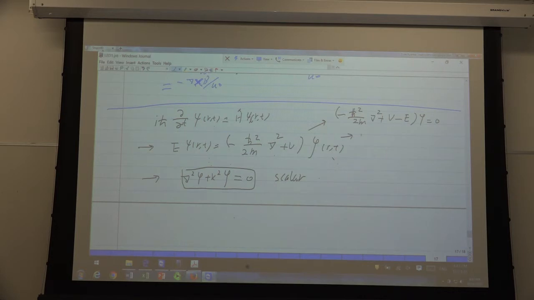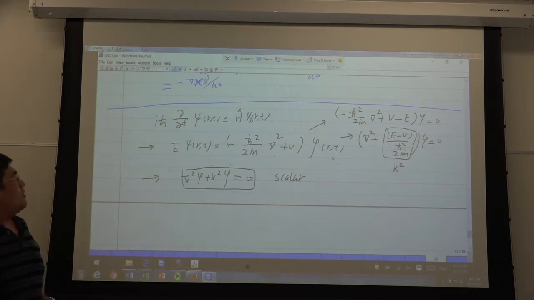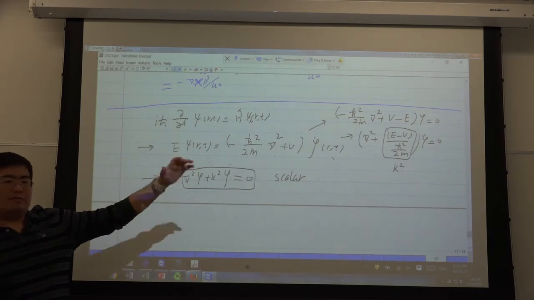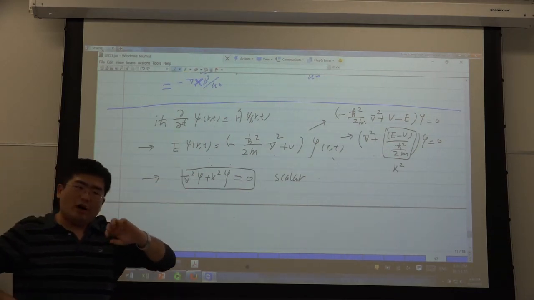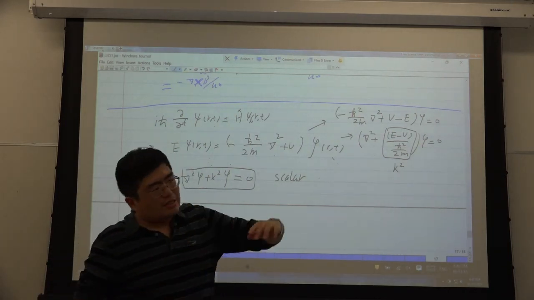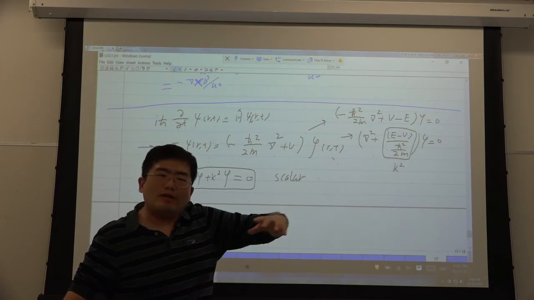So the Laplacian of phi plus (E minus V) over h bar squared over 2m times phi equals 0. If I say this is k squared, it says the electron is similar to a photon, like a wave. They also can interfere. This is very important. The electron, similar to a photon, like a wave, also can interfere.